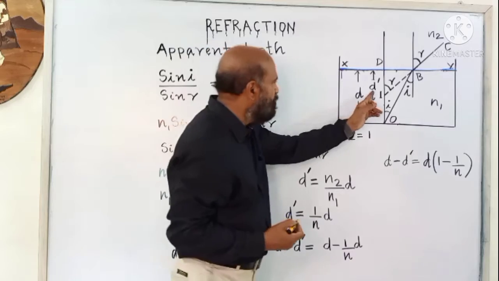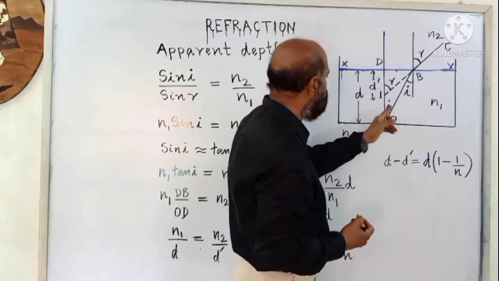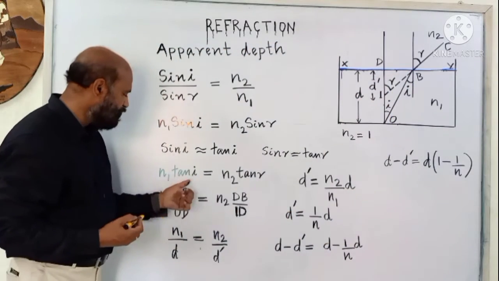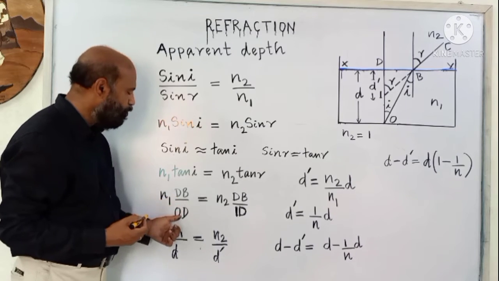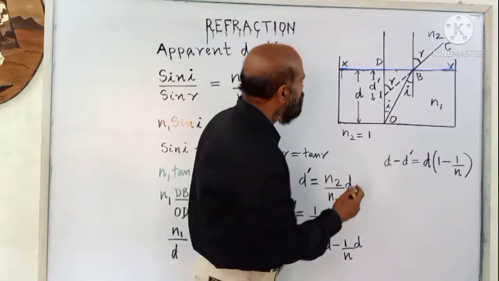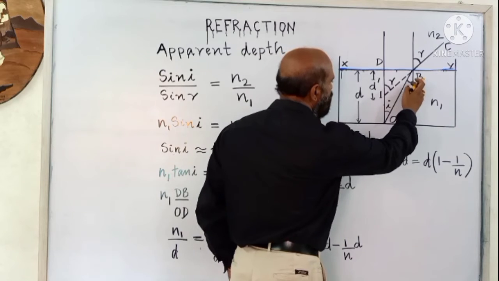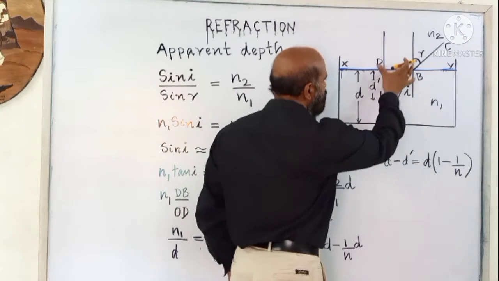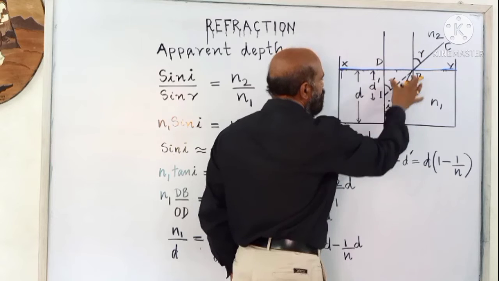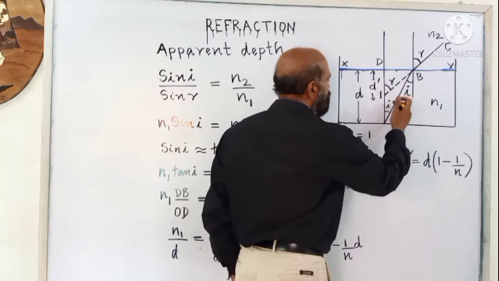Now in this triangle, tan I is dB by OD. So this is the angle of incidence and this is also the angle of incidence. These two lines are parallel, so alternate angles are equal.